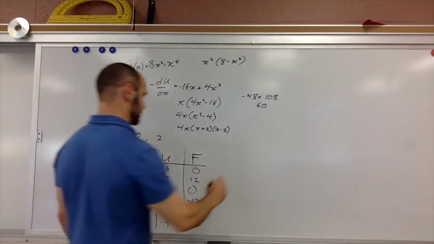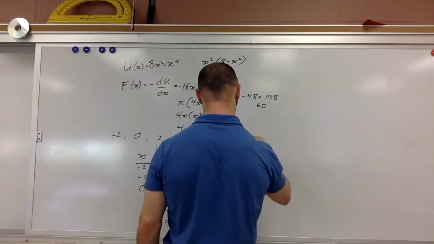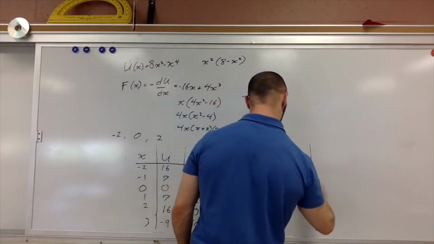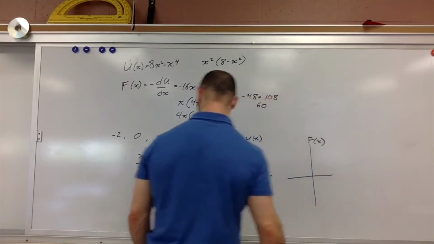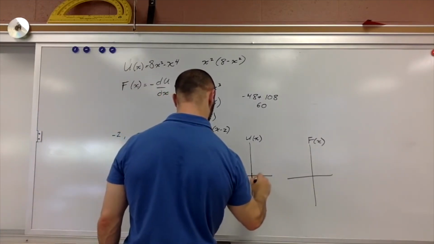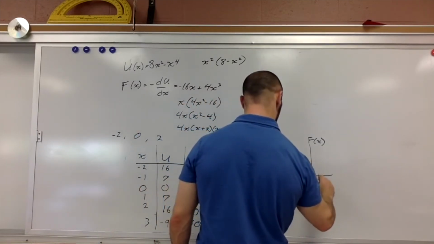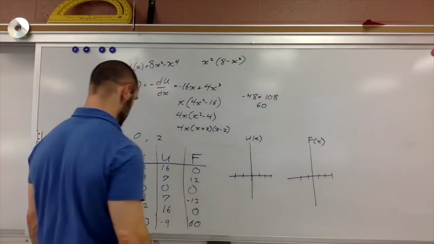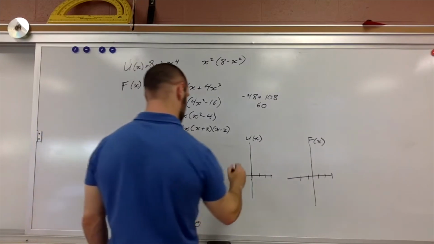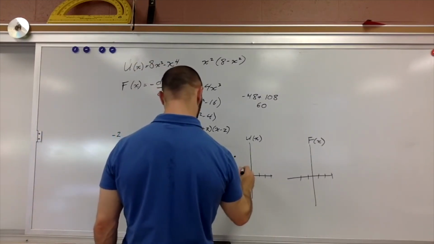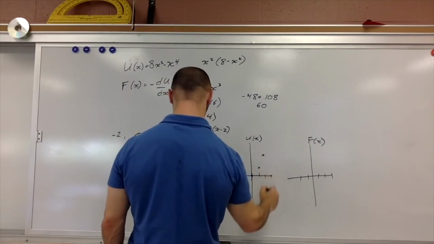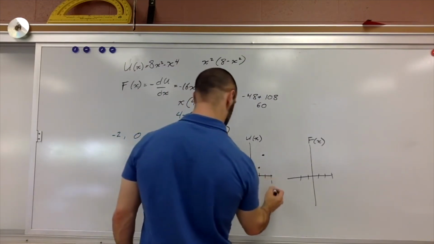Okay, so what do these graphs look like? Here's potential energy. At negative 2 it's 16, then at negative 1 it's 7, then 0, then 7, and then 16 again, but then it's down at negative 9 at x equals 3.